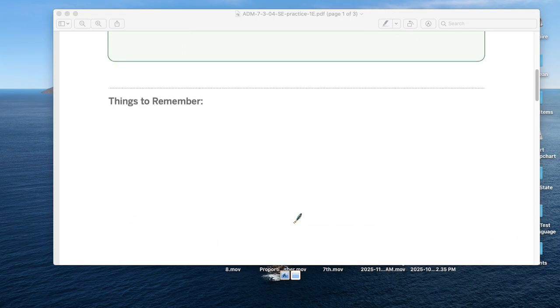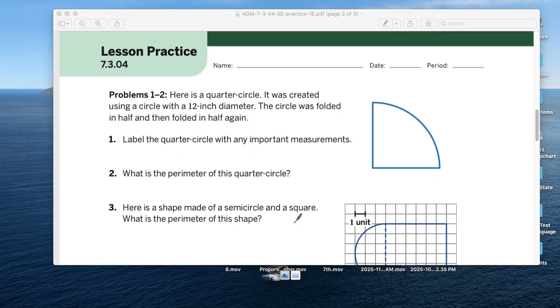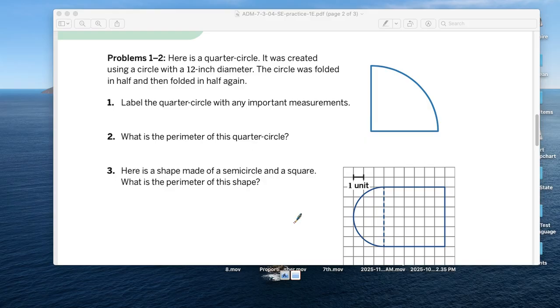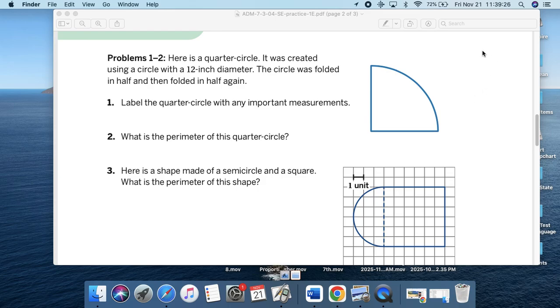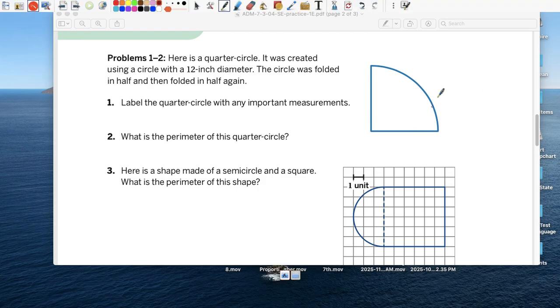Okay, so let's look at another one here. Again, let's get the information. Let's read the question. Here's a quarter circle. So if I draw a full circle, and this is the center, this quarter circle, we're talking about this section right here, the blue part.